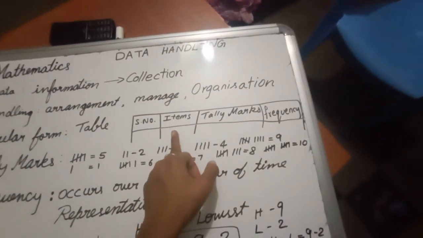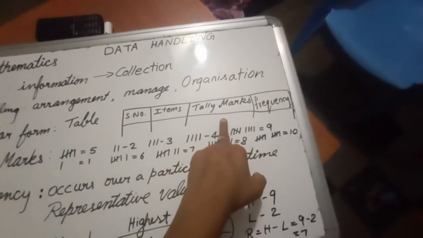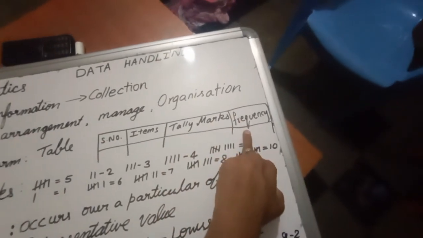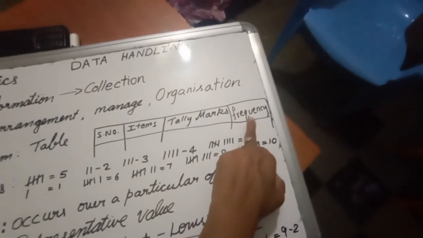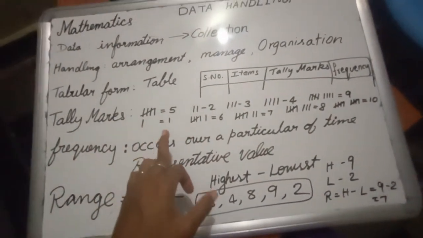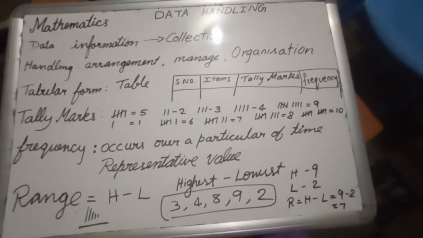Tally marks: how many times it is repeated, we are showing in the form of tally marks. That tally marks value is called frequency, that is, representative value. Hope you understood how to put the tally marks and how to find the range.